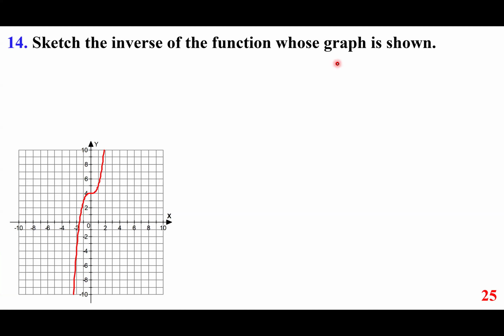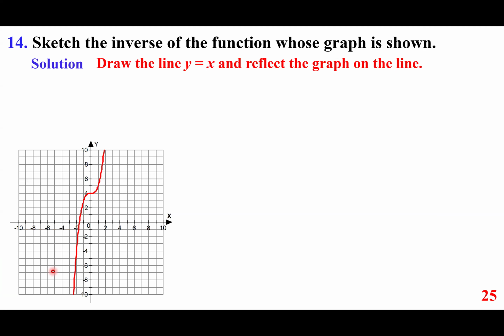Sketch the inverse of the function whose graph is given. Draw the line y equals x and reflect the graph on the line. So this is y equals x. How do you do that? Well, the best course of action is to pick some easy points from one function and get the pairs for the other one.